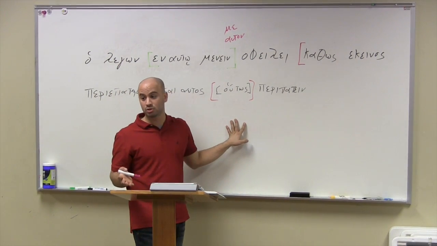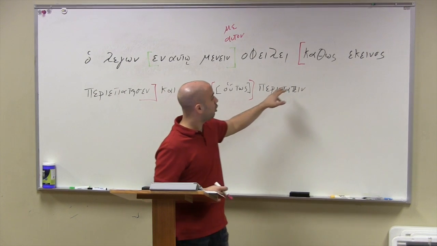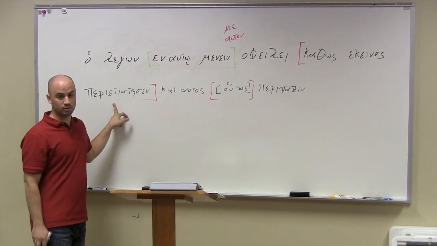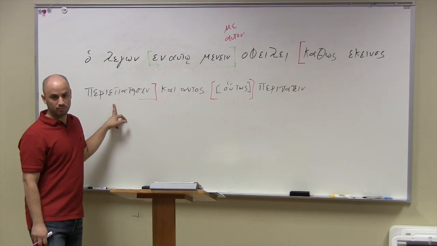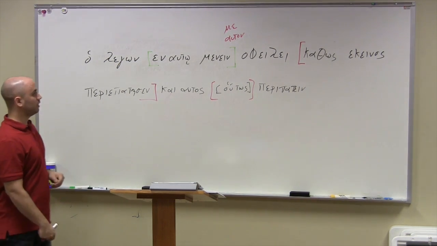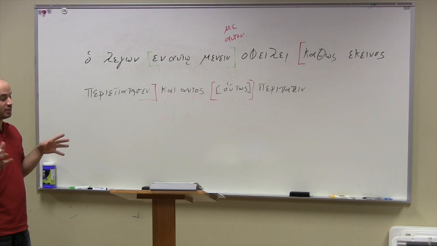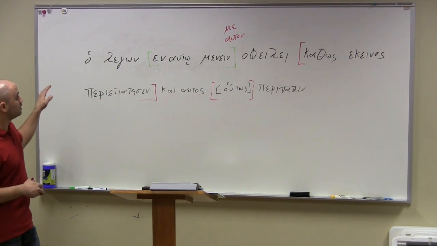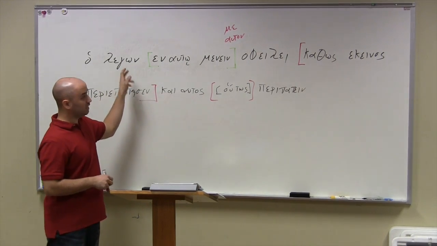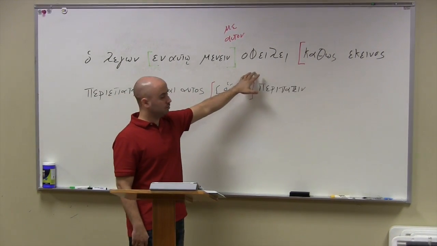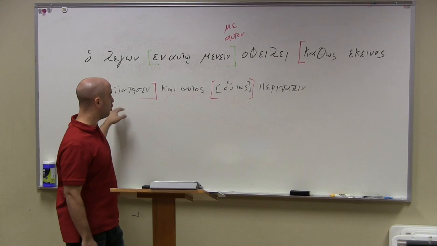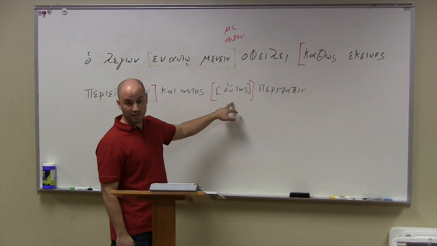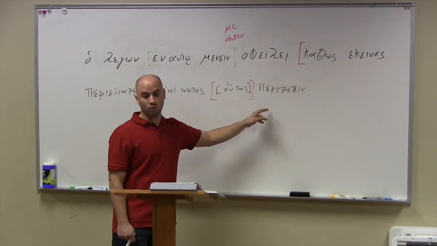Now how should he walk? He should walk just as that one walked. Now if we translate it without doing all that mental bracketing, we can even make sense of it somewhat. The one who says he remains in him ought, just as that one walked, he also likewise should walk.